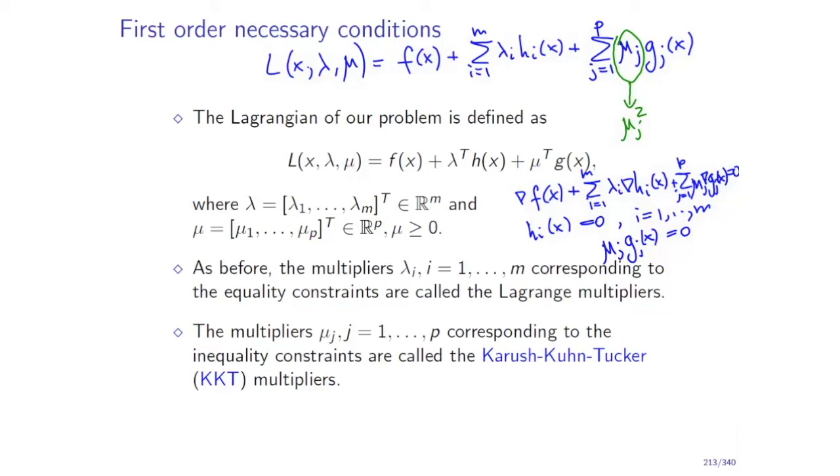The rest of the conditions that we have would be the feasibility with respect to the inequality constraints. So we would need to add also the conditions g_j's are less than or equal to 0 for j between 1 and p. And then we would still need the non-negativity for mu_j's. This summarizes the Karush-Kuhn-Tucker conditions.